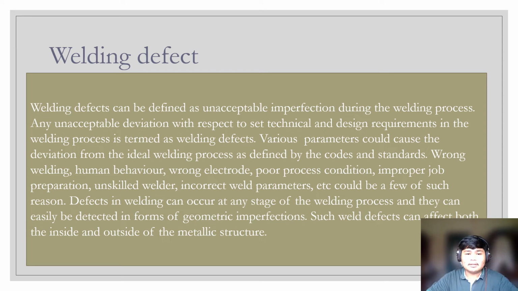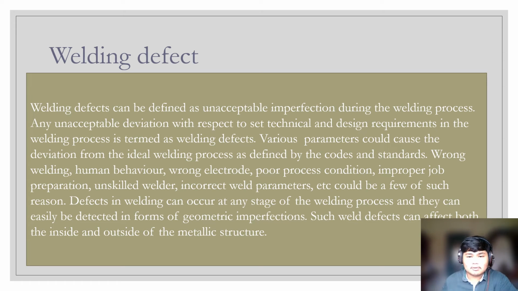As you can see, the welding defect. Welding defects can be defined as unacceptable imperfections during the welding process. Any unacceptable deviation with respect to set technical and design requirements in the welding process is termed a welding defect.